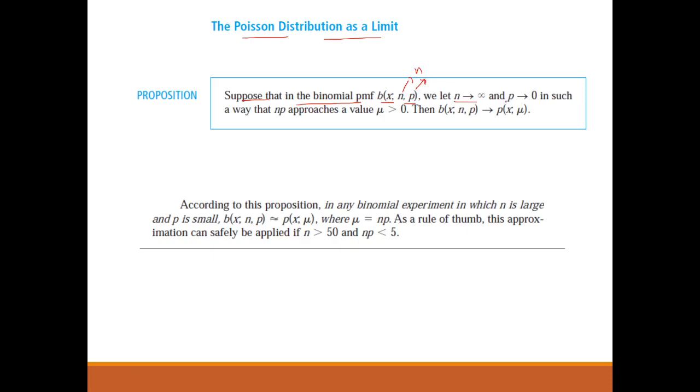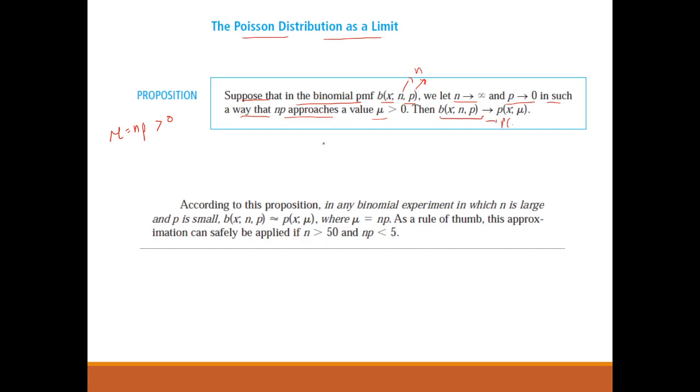If n is very large and p is very small, in such a way that np approaches a value mu, that means mu equals np, and this must be greater than 0, then the binomial distribution actually tends to Poisson distribution.